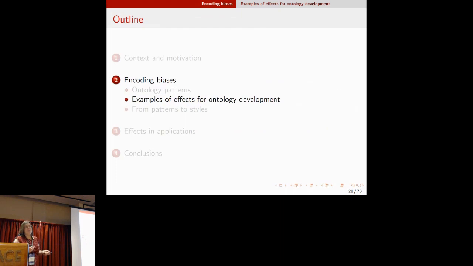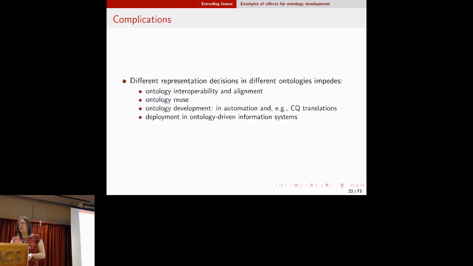So if we then look at where it matters, now that we know that there are a bunch of those patterns, and it may make it easier to select one, where would that actually have an effect when you design your ontologies? It has to do with ontology interoperability and alignment. Because if you have two ontologies and one uses one pattern, the other one uses the other pattern, what are you going to do? Are you going to re-engineer that one ontology to be able to reuse it, or maybe you're going to make a heterogeneous alignment?